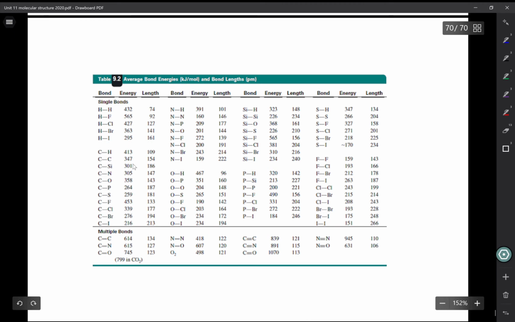It's not exactly double the single bond. So just because you have multiple bonds doesn't mean that the number is going to be an exact multiple, 2 times, 3 times, whatever. You have to look up the exact type of bonds you have.